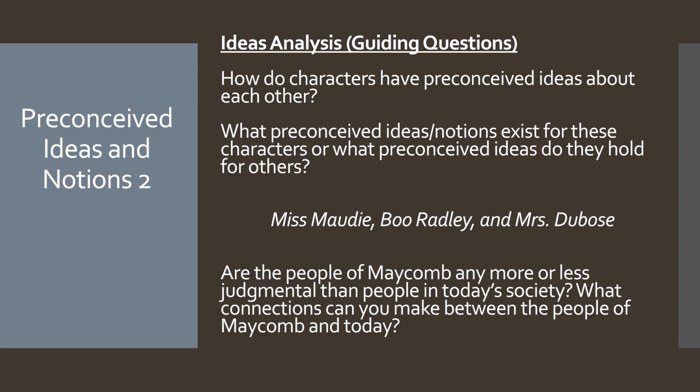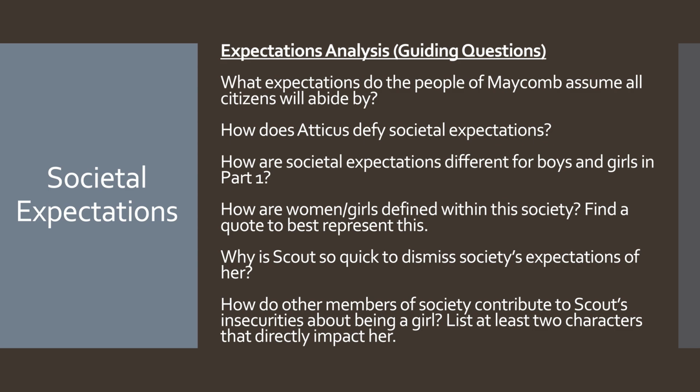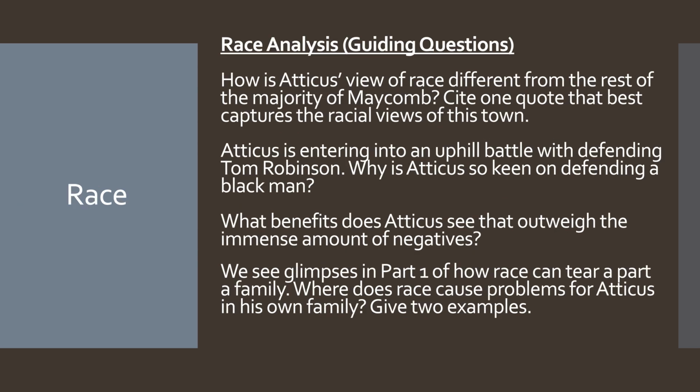Group 8, you're going to be focusing on preconceived ideas and notions for Miss Maudie, Boo Radley, and Mrs. DeBose. Group 9, you're going to be focusing on societal expectations. And my last group, group 10, you are going to be focusing on race and how it plays a role in Maycomb. So those are all of the different things that we are going to be working on this week.